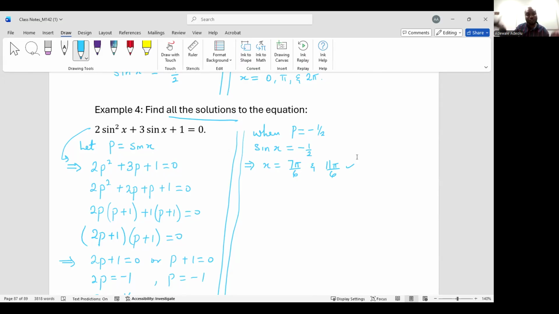So for all such solutions, it implies that x is 7 pi over 6 plus or minus 2 pi k, and 11 pi over 6 plus or minus 2 pi k. So we've accounted for all the solutions for when sine of x will be 1 half.